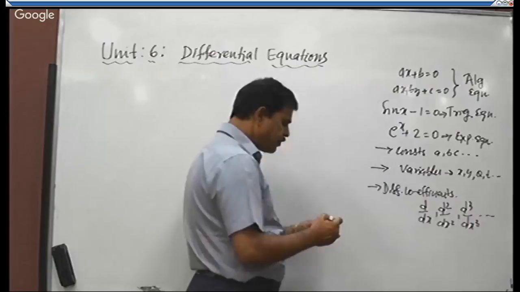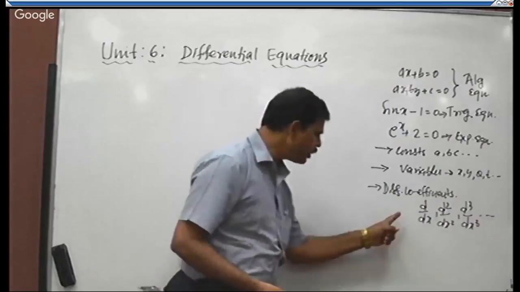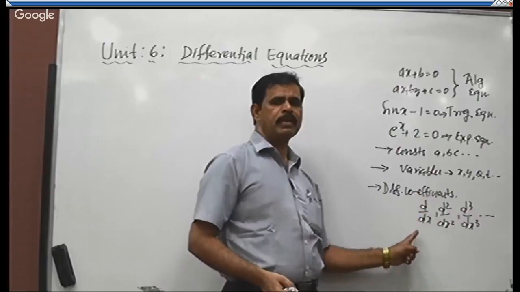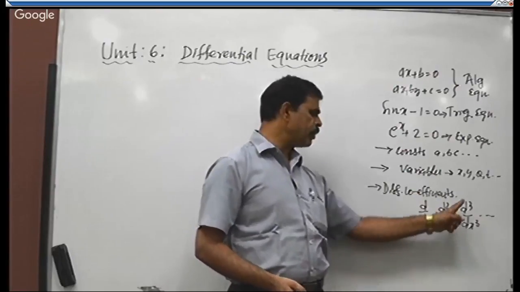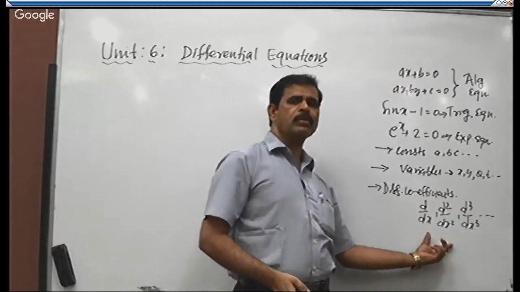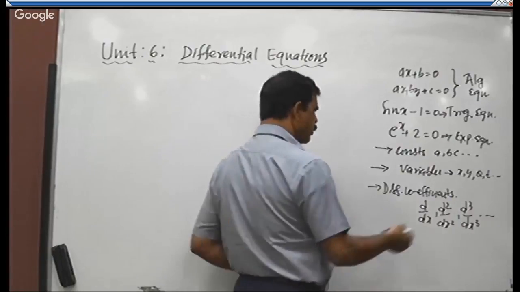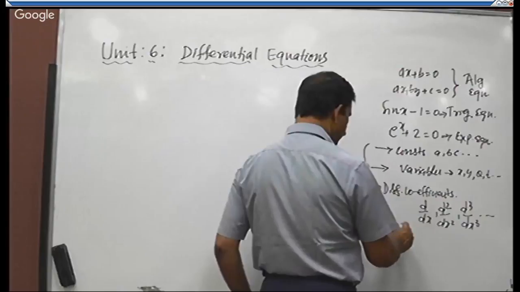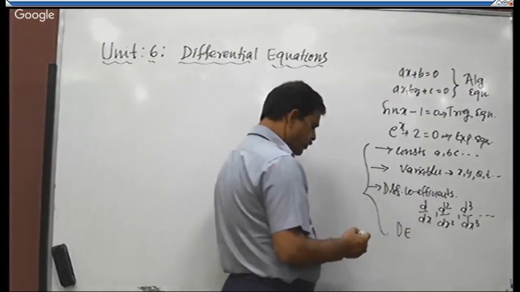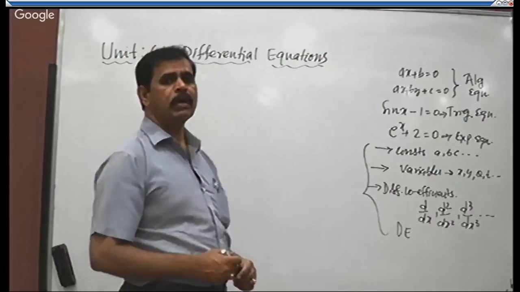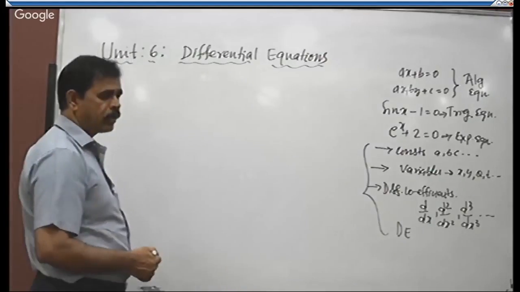If any equation involves either d by dx or d square by dx square or d cube by dx cube or a combination, such an equation is said to be what? A differential equation. An equation involving differential coefficients is said to be a differential equation.